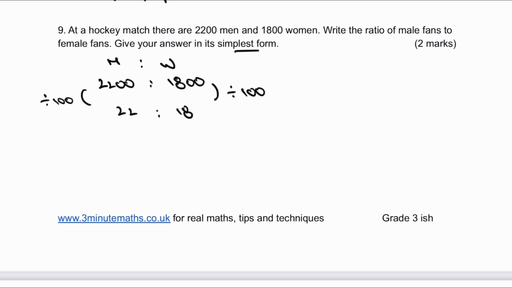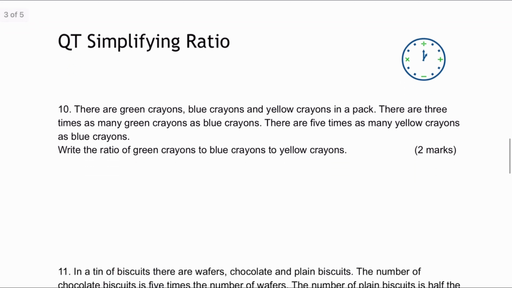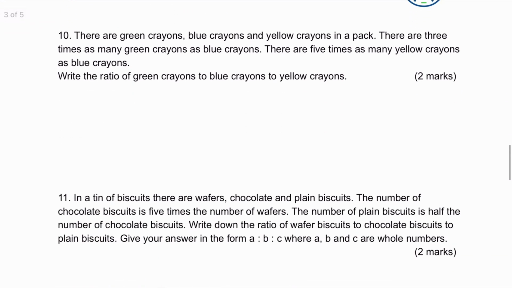Now I can then divide through by 2, so I'm going to get then 11 to 9, and that would be absolutely fine for question number 9. Okay, let's move on then to question number 10. Now this is slightly different because in question number 10 we're looking then at a little bit of algebra.